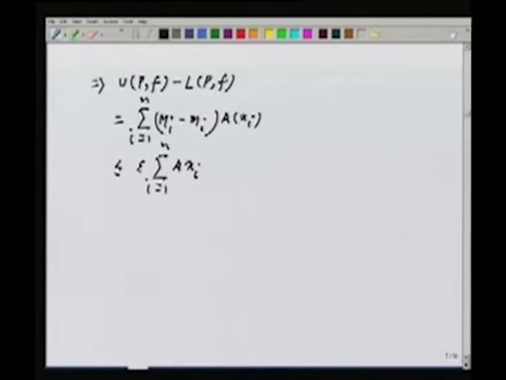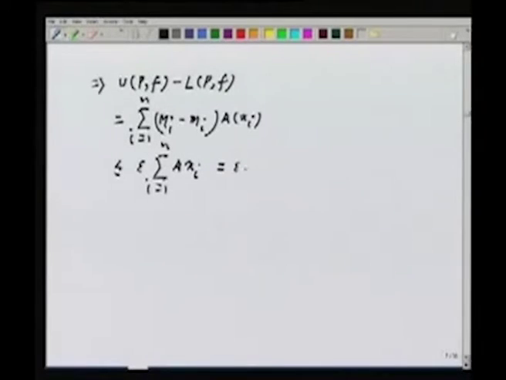That is, capital Mi minus little mi is dominated by epsilon for all i. So in the sum I am replacing those quantities by epsilon and getting something bigger. But then I can sum it up to get epsilon times b minus a, because the total length of the subintervals in the partition P is equal to b minus a. Now b minus a is constant and epsilon is arbitrary, so it can be made arbitrarily small.